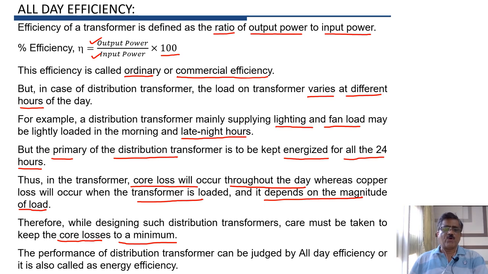But if you want to judge the performance of distribution transformer, then we have to use all day efficiency, or this efficiency is also called energy efficiency. So energy efficiency or all day efficiency is used to determine the performance of distribution transformer.